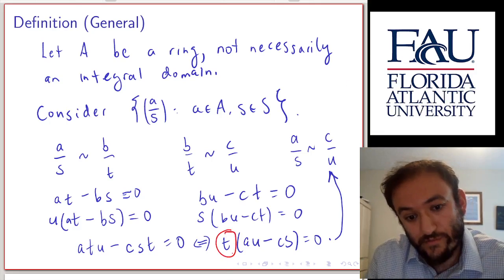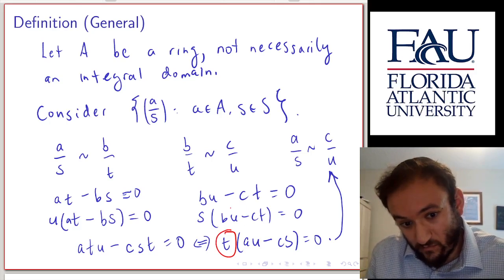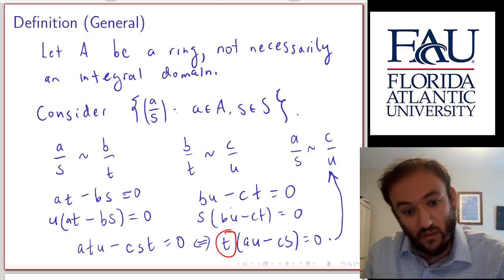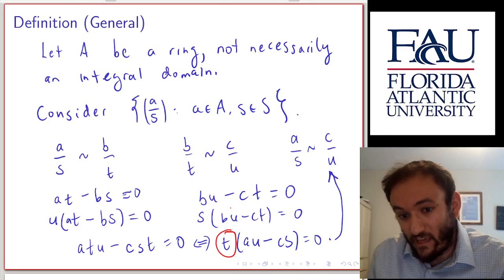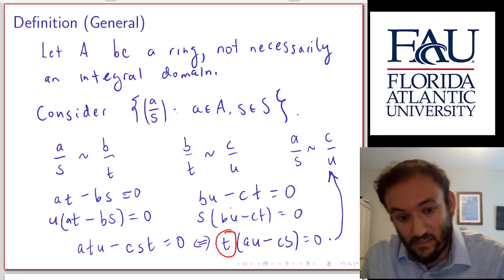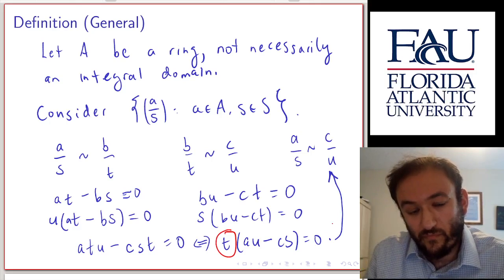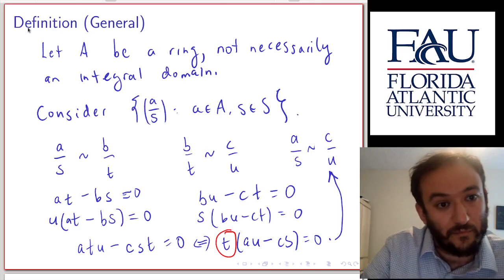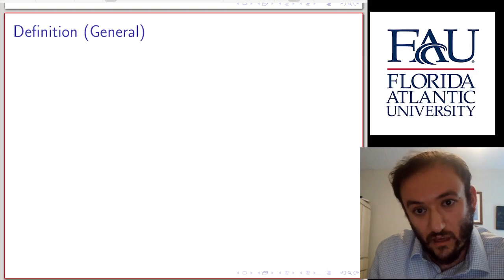Okay, so in an integral domain, I don't have to worry about T because T is non-zero, and so you can cancel it and find that AU minus CS is 0. But if we're not in an integral domain, this is a problem. So we have to adjust the equivalence relation.